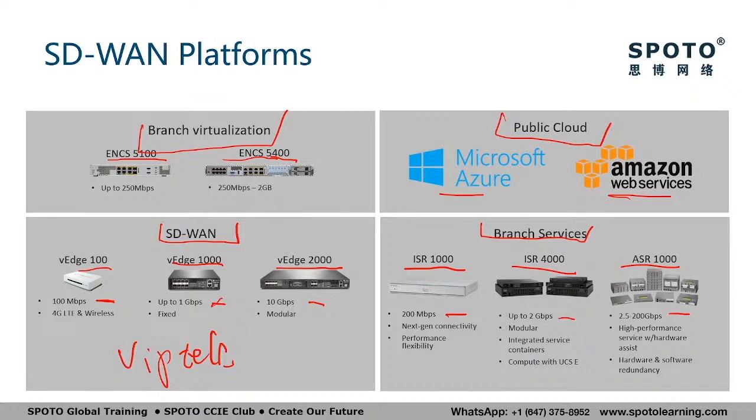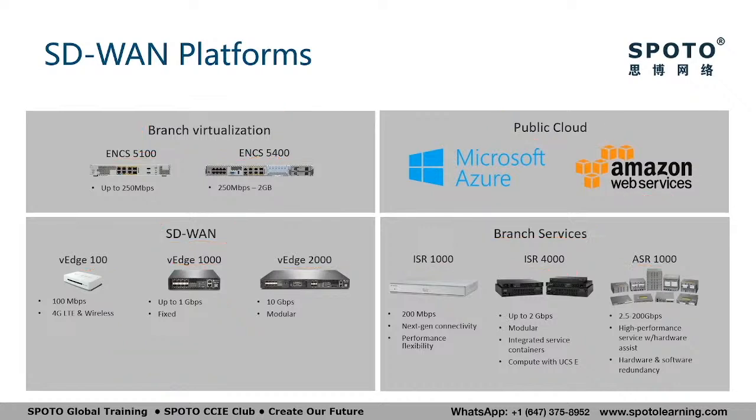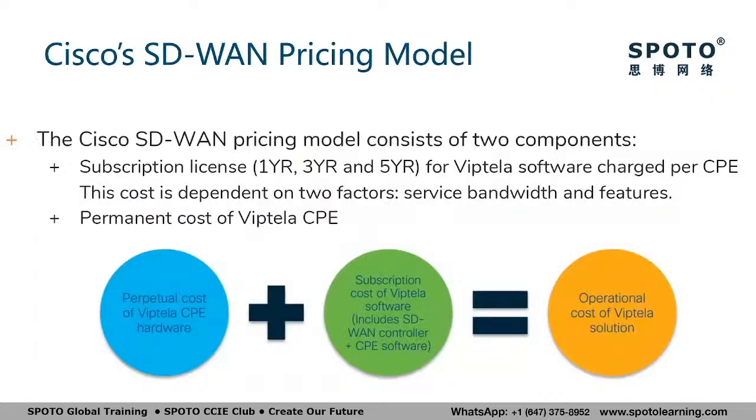So, as we just said, regardless of the platform you need, they all work together seamlessly and can be managed through a single user interface. It really depends on your business requirement. Pick whichever fits your need. Now the SD-WAN pricing model. The pricing model consists of 2 components. One is the subscription license. The subscription license is for the software and is charged per CPE.